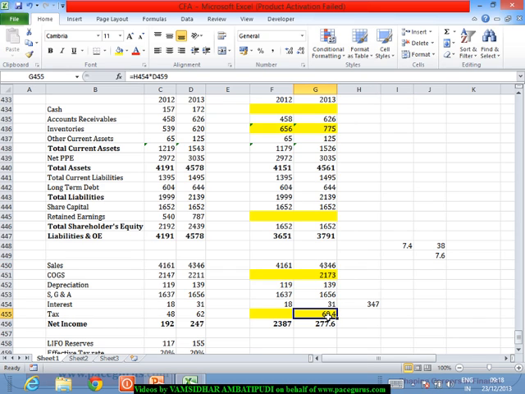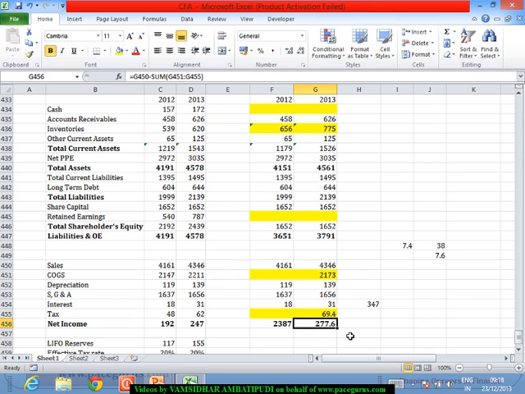Okay, the tax here is 7.2. The tax is 20% on this 347, giving me 69.4, and my net income is changing by this much extent. Net income is increasing.